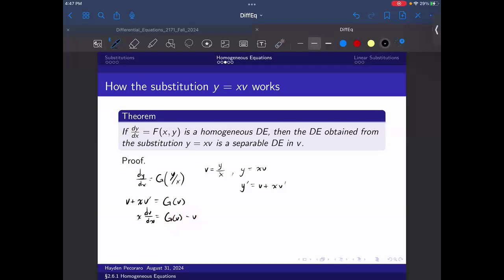And now, divide by x, multiply by dx. And on the right side, I get dx over x. And then if I divide by everything over here with the v's, I get g of v minus v. And this is separated or separable.